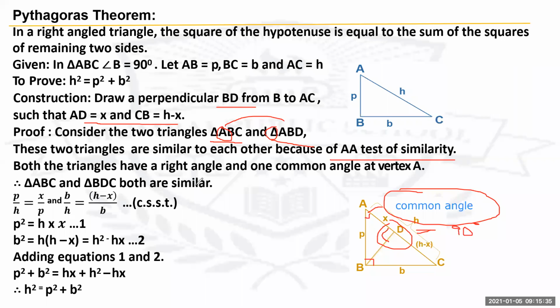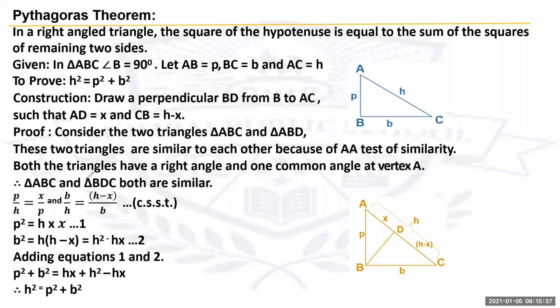Now after that, as both the triangles are similar, and with one common, you have triangle ABC again similar to BDC also, because of that test of similarity.